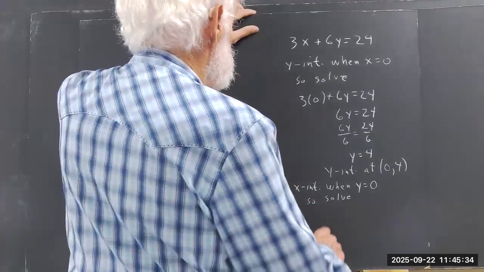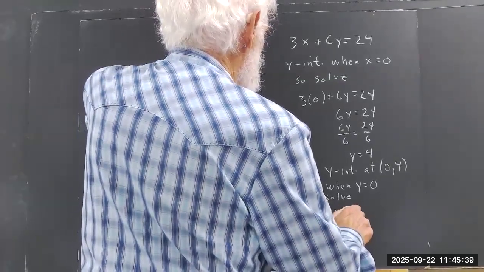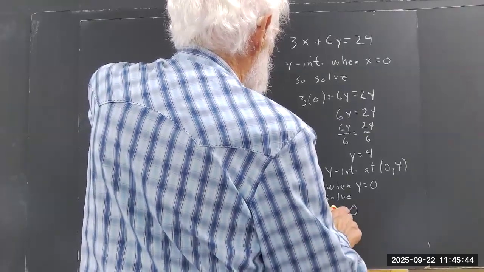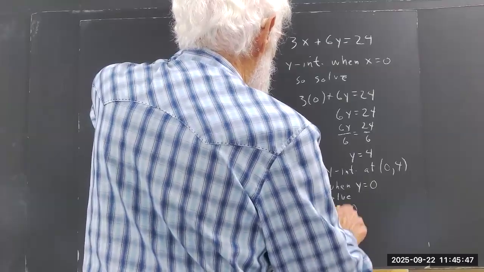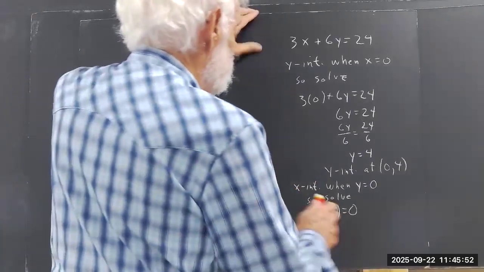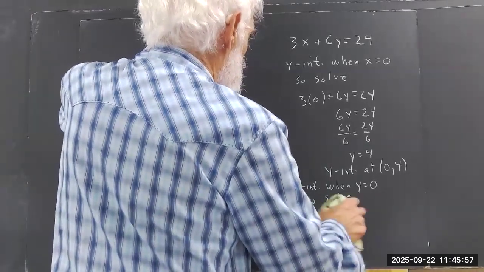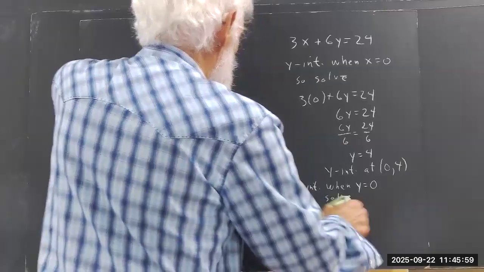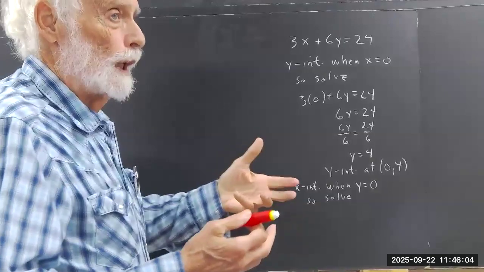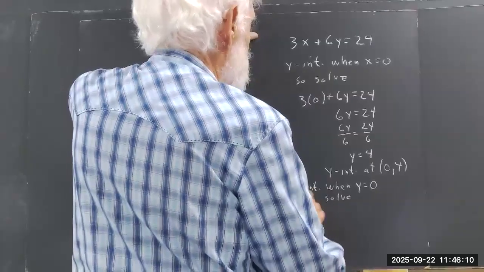So we solve, and I just said y equals 0, but I didn't substitute 0, okay? So 3x plus 6 times 0 equals, it doesn't equal 0. Let me stop saying profoundly wise words of advice and just write down the equation as it ought to be, okay?